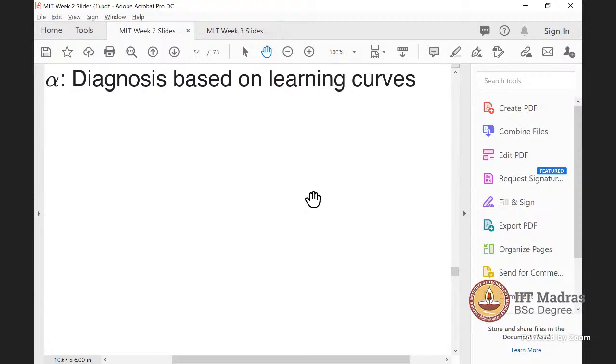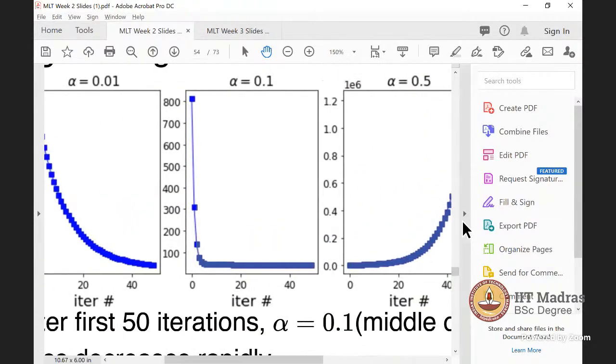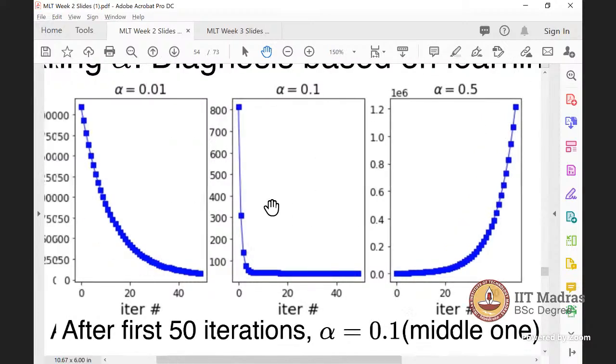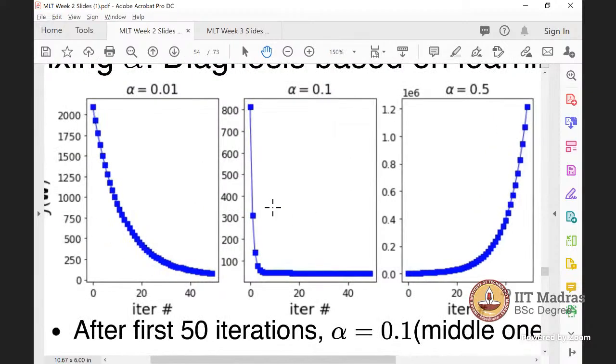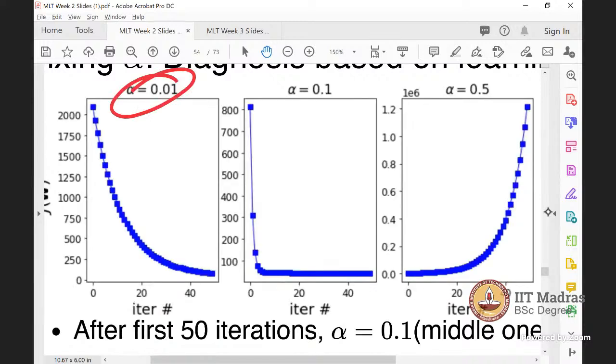So in these 3 charts, for the particular loss function that we saw in the previous slide, let's talk about small values of alpha, for example, 0.001. You can see that even though the error is decreasing nicely, it is decreasing slowly.